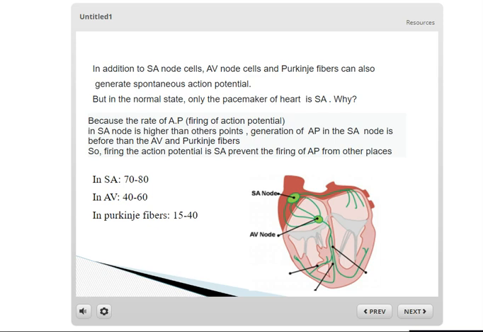The SA node's faster rate ensures that the atria contract first, followed by the ventricle, allowing for the efficient pumping of blood through the cardiovascular system. As a summary, the SA node's higher intrinsic rate of action potential generation compared to the AV node and Purkinje fiber allows it to become the primary pacemaker of the heart in the normal physiological state.